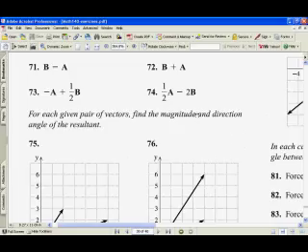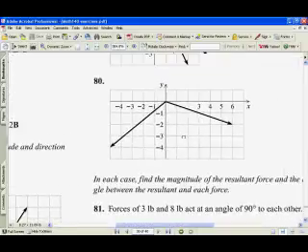In problem 80, for each given pair of the vectors, find the magnitude and the direction angle for the resultant. So now let's look at this. We have these two vectors. We need to find the resultant, okay? Find the magnitude and the direction angle of this resultant. We know the resultant is just the sum of these two vectors, right?